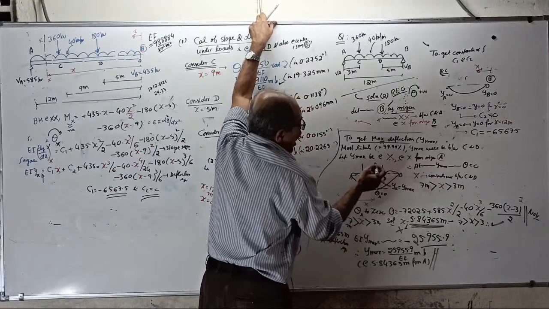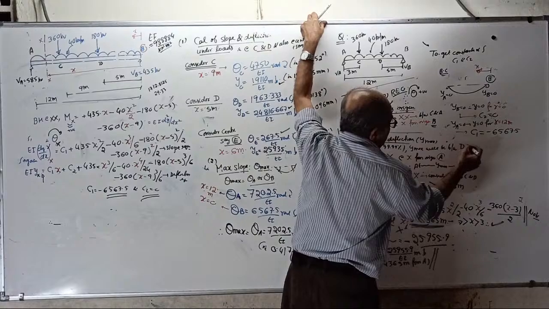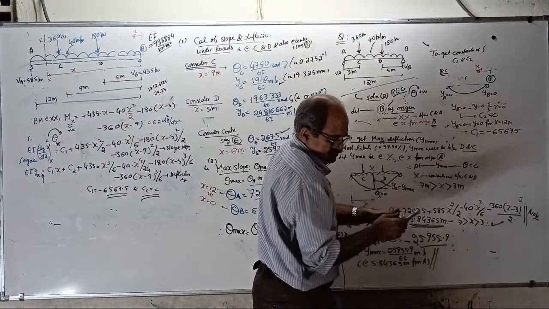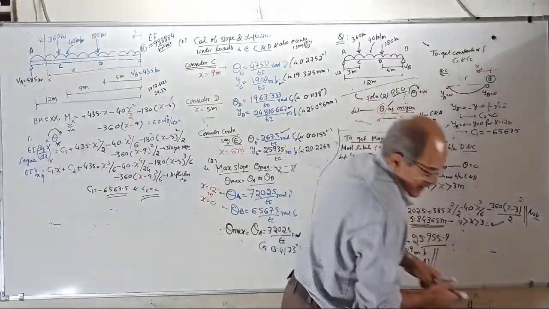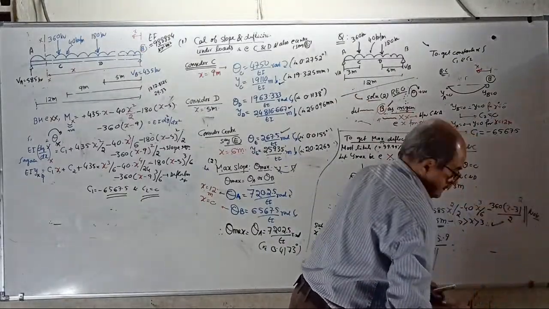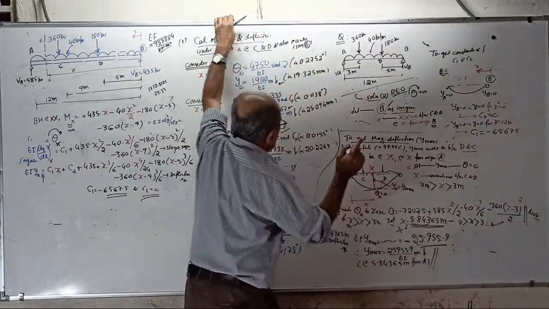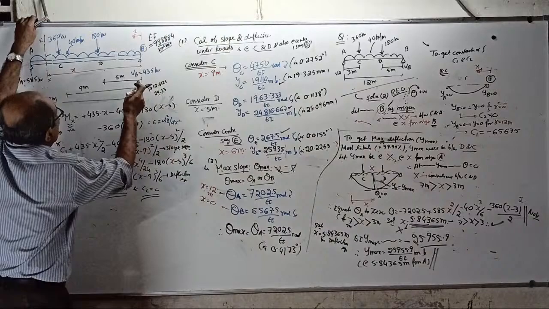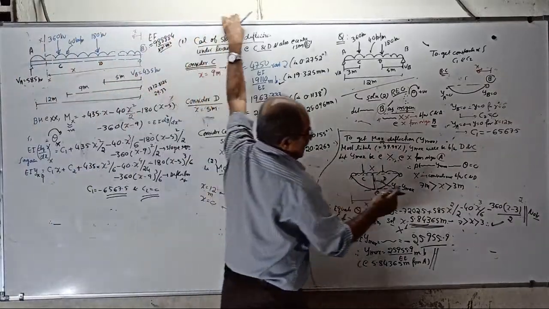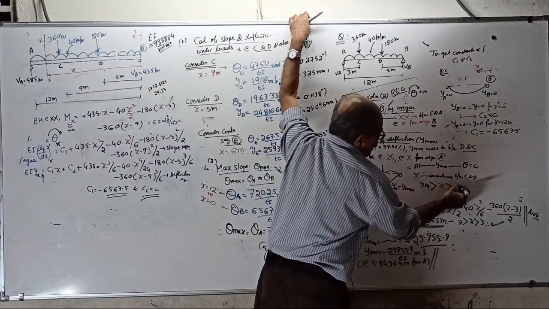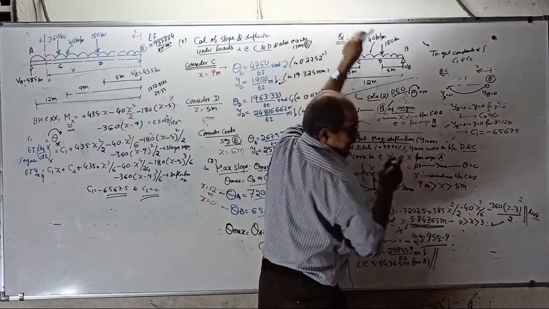Between D and C. Then your x should be more than 5 meter, less than 9 meter.